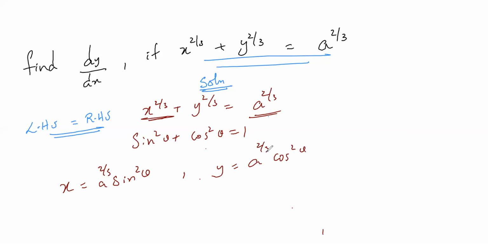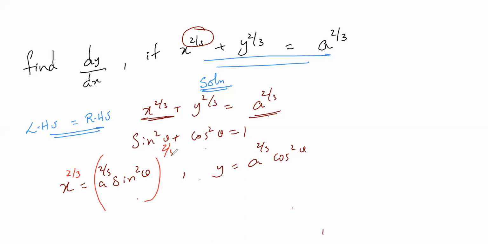Then I can take it common, right? But here it is something called x power 2 by 3. The basic idea in this question is that this is not simply x, it is x power 2 by 3. So if I'm substituting 2 by 3 here, will this work?